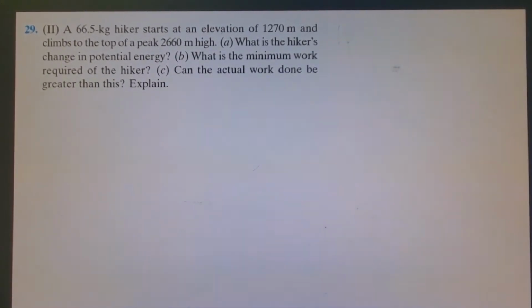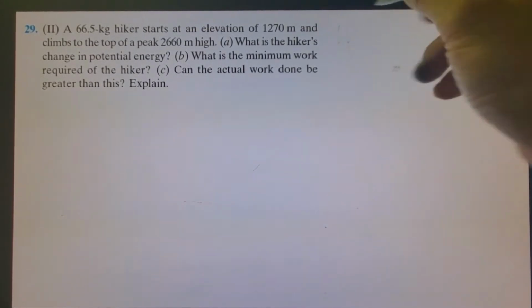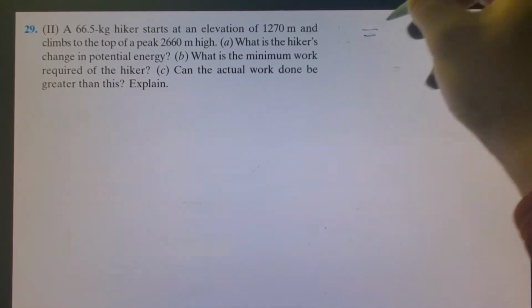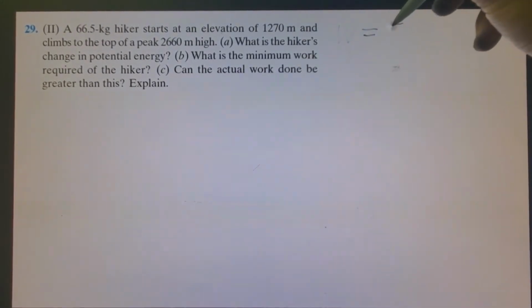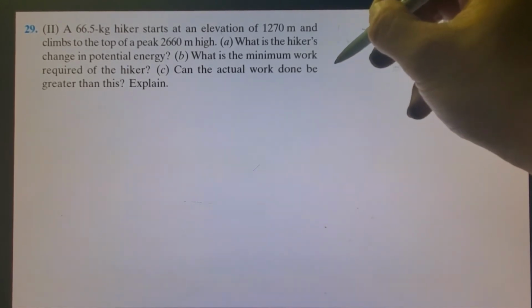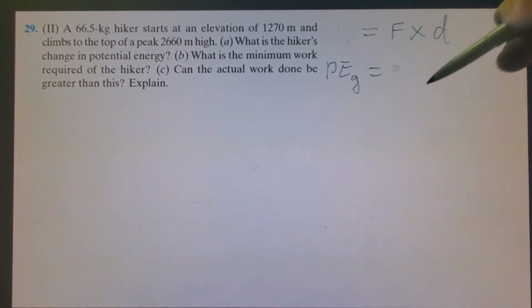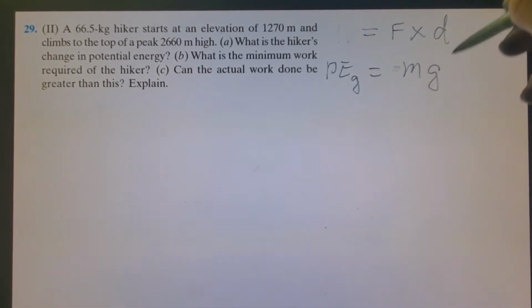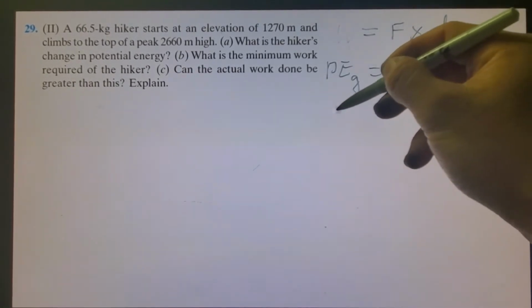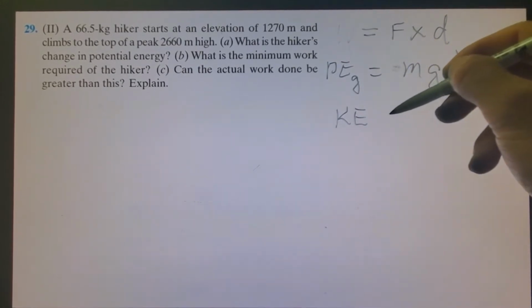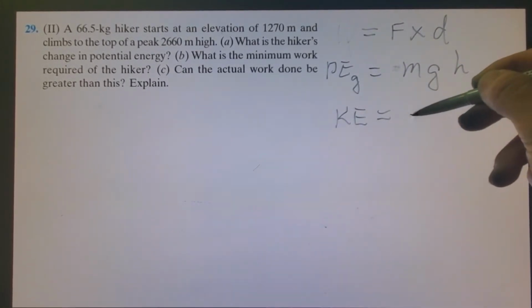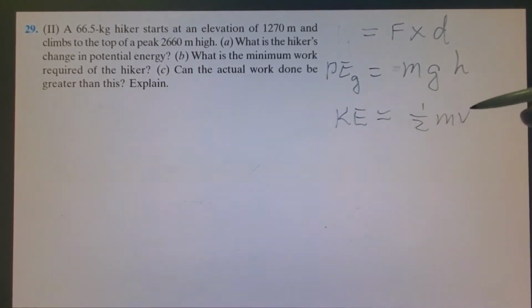Work is equal to mechanical energy, which is equal to force times distance. We also talk about potential energy due to gravity, that is equal to mgh. We talked about kinetic energy, that is equal to half mv squared.